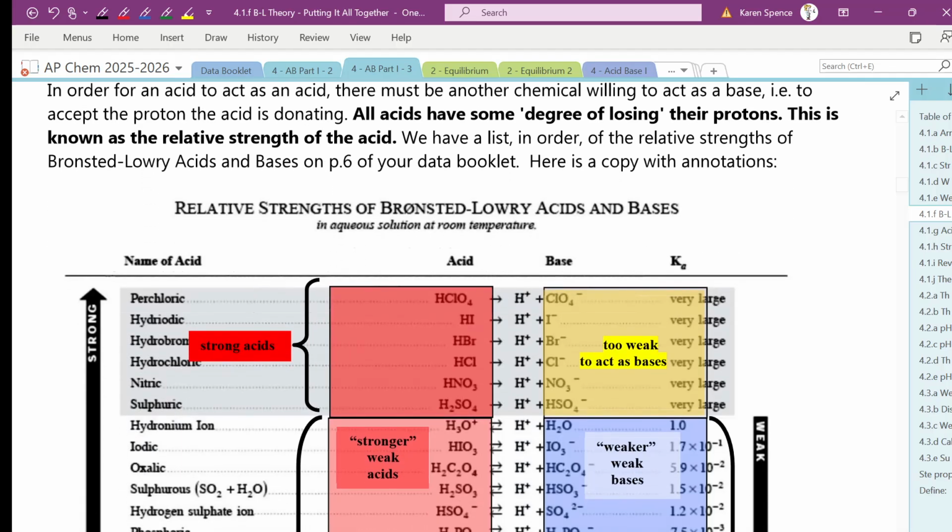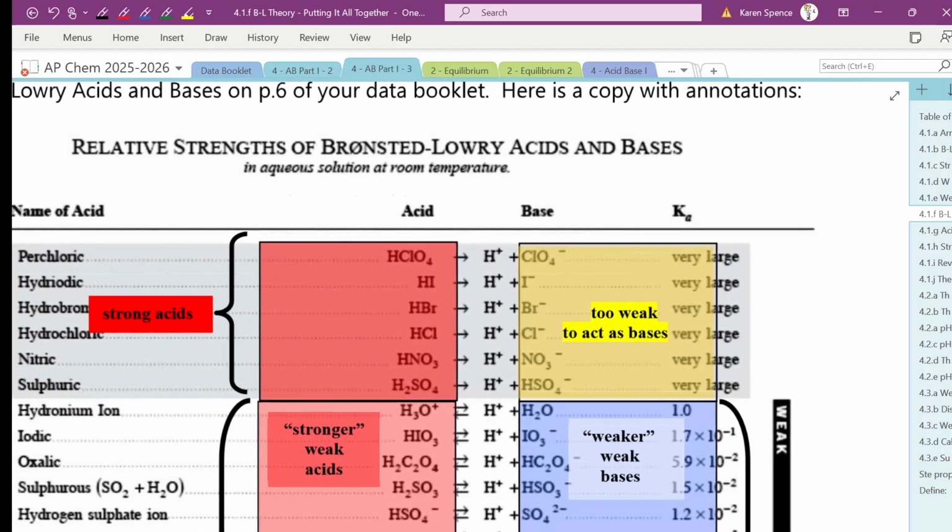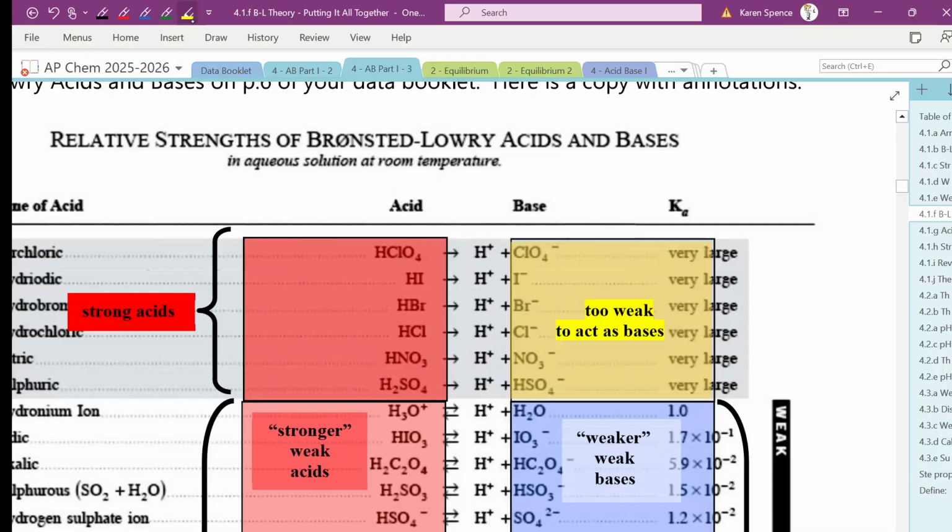Again, we have done a lot of this already, but you can see we have the various acids here. The strong acids are this section here, whereas the other side, those are substances which, although they are on the base side, are too weak to act as bases. So I minus, not able to be a base.